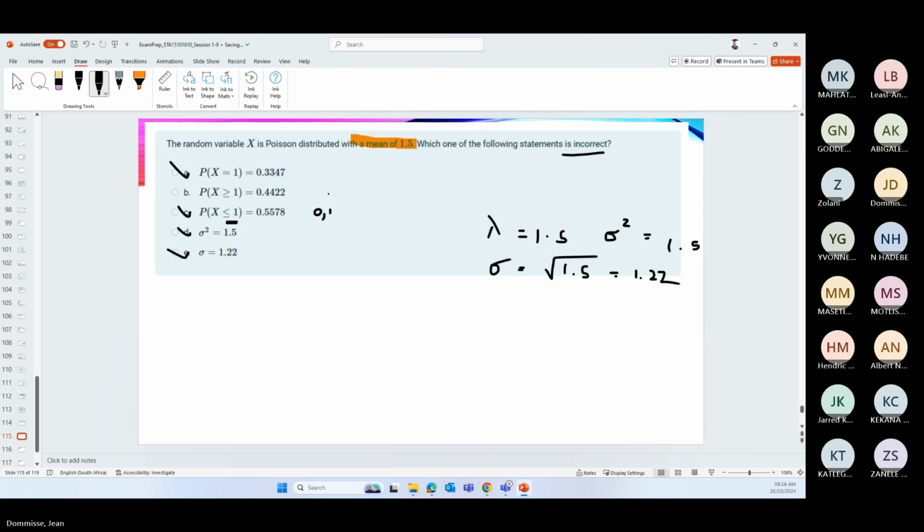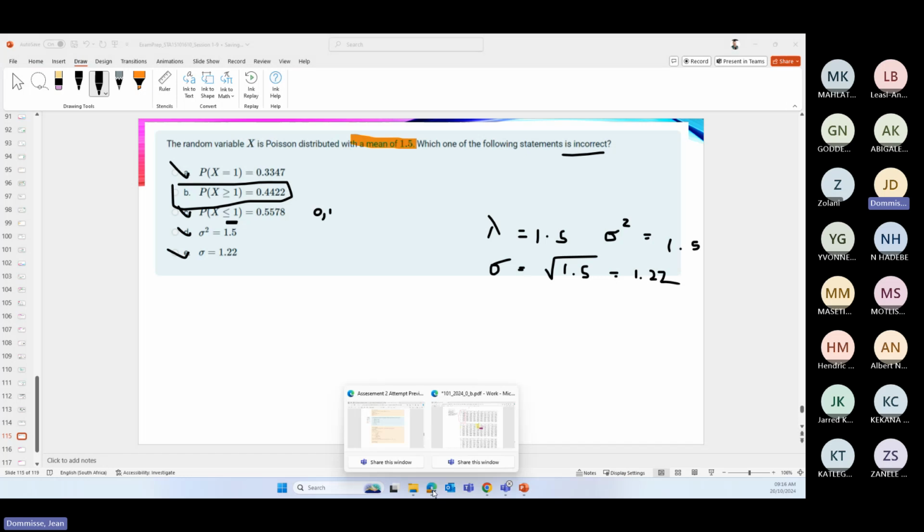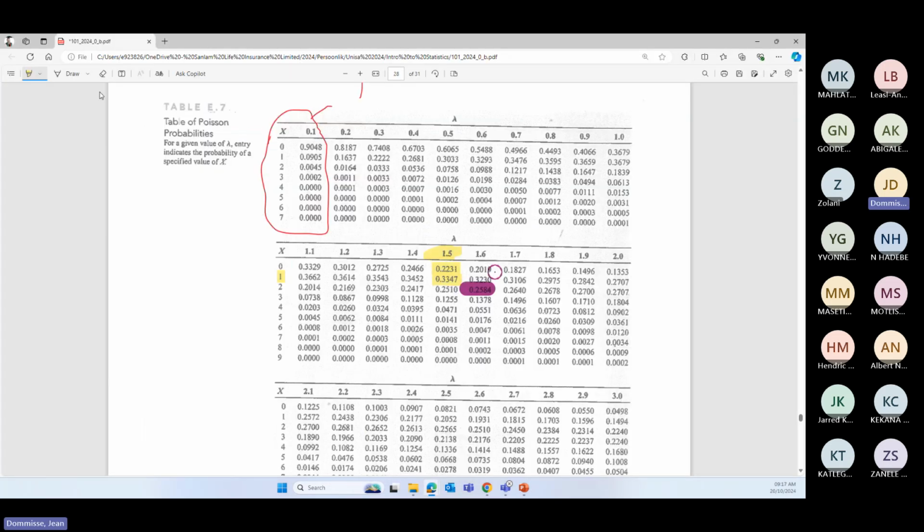So the incorrect one is this, but let's just check. That is probability x bigger or equal to 1, which means everything from there straight through.